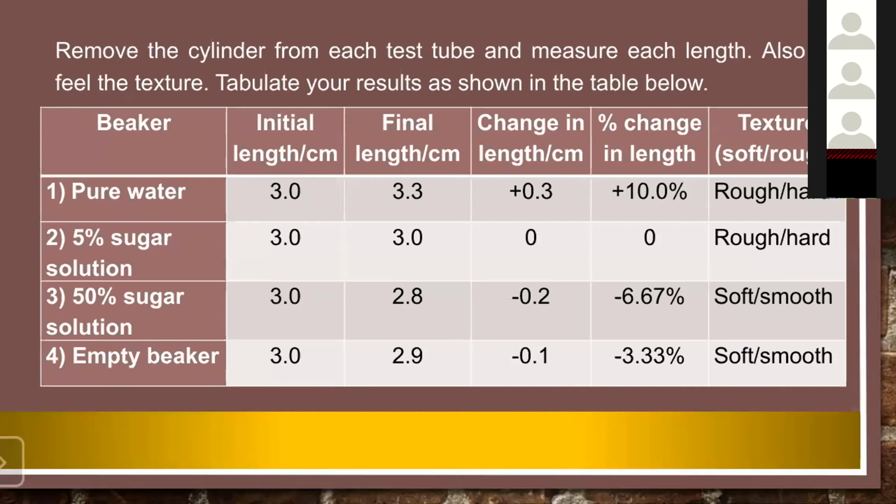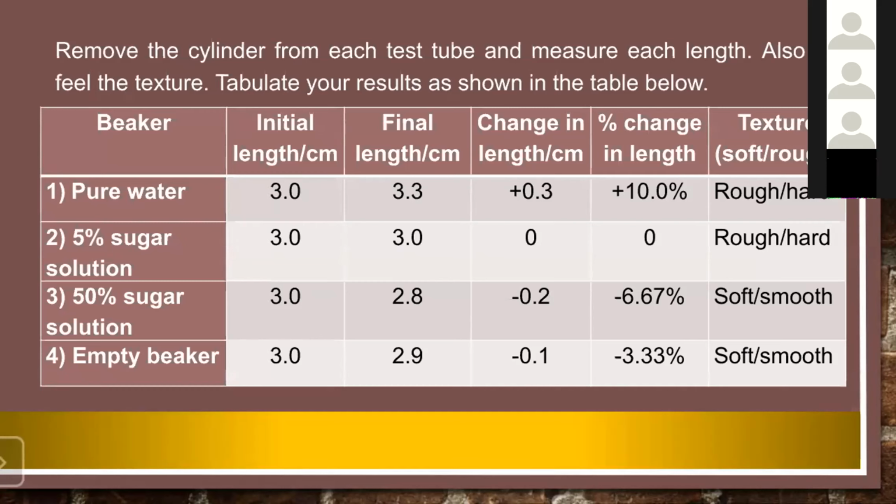In 50% sucrose, we see the final length 2.8. What do you see happening as you move from pure water to 50% sucrose solution? What do you see with the final length? Is it increasing? Is it the same? Is it decreasing? It's decreasing. Do we all see that?